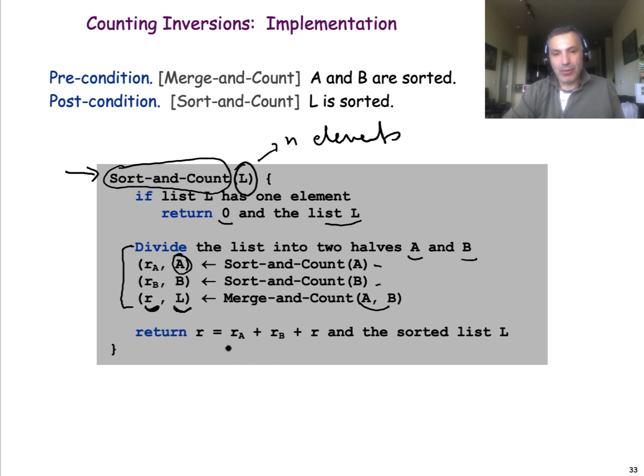It's the number of inversions that we had in A when we were processing A, the number of inversions we have in B, and the number of inversions we found when we were merging A and B.